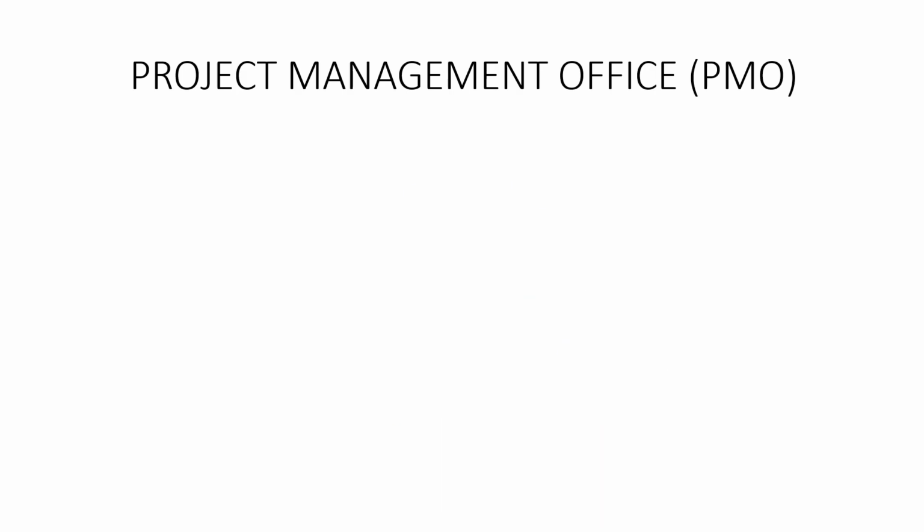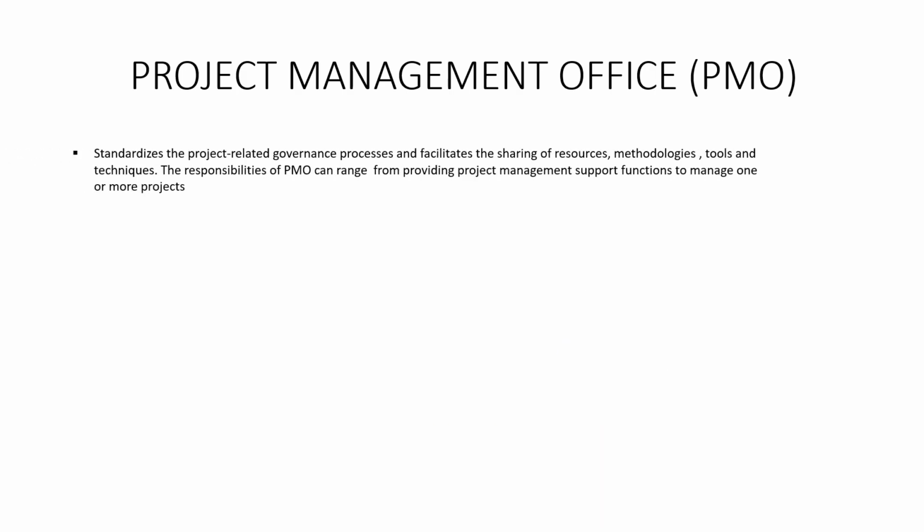Project Management Office. The PMO is an organizational entity that standardizes the project-related governance processes and facilitates the sharing of resources, methodology, tools, and techniques. The responsibility of a PMO can range from providing project management support functions to managing one or more projects. Among the main roles are support, consulting, training, lessons learned.